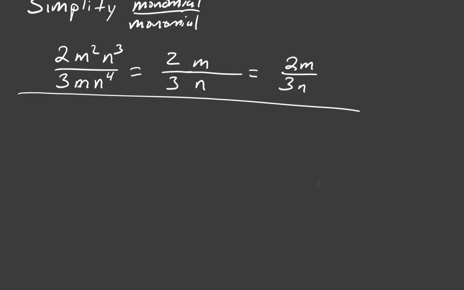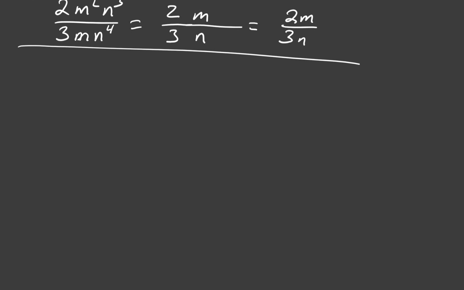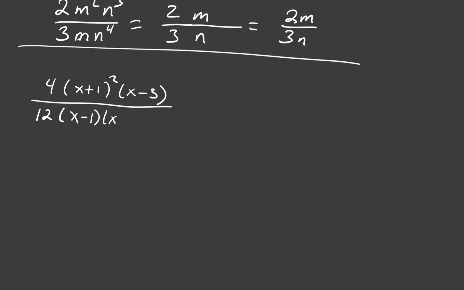So let's do one that's basically the same idea, only we don't have just m's and n's. Let's look at 4 times x plus 1 squared times x minus 3, over 12 times x minus 1 times x plus 1 times x minus 3 cubed.